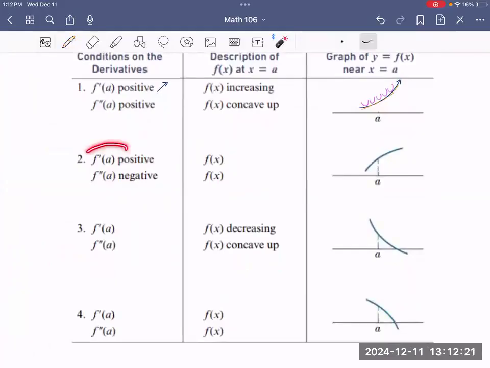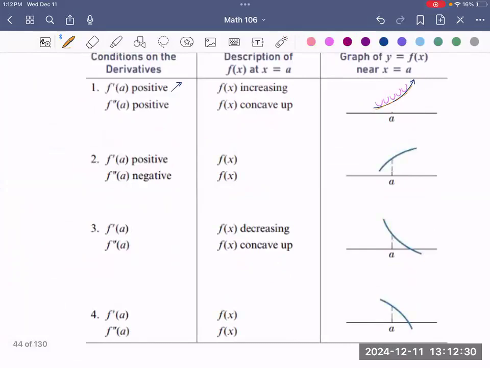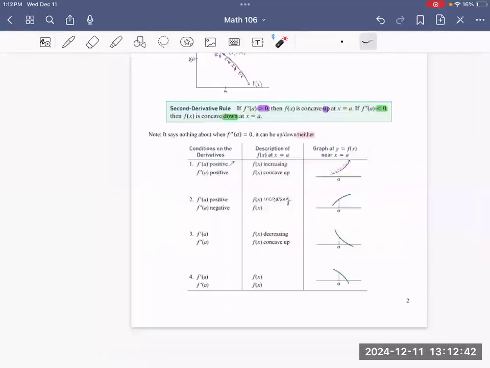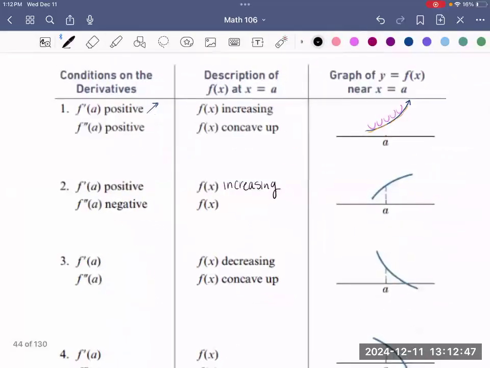Now let's do it again. It says your first derivative is positive. So are we going to be an increasing or decreasing function? Well, if your first derivative is positive, it is going to be increasing. And your next, it says if your second derivative is negative, which we said being negative, it's got to be concave down.